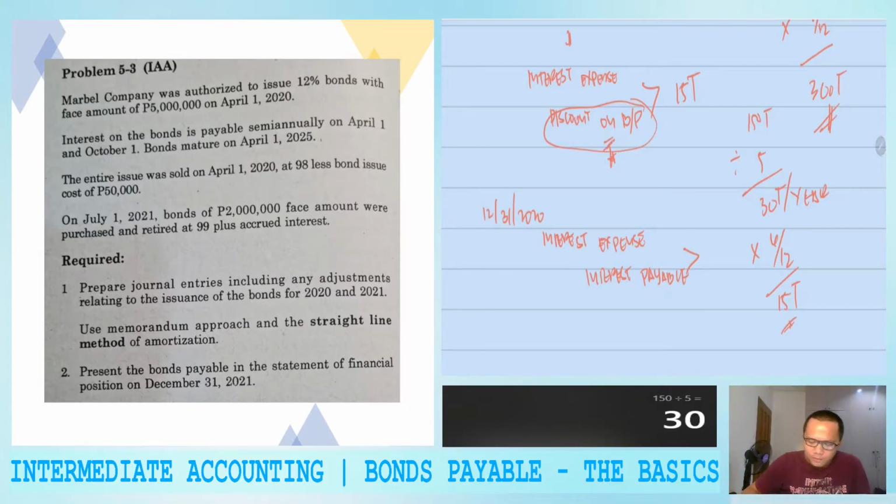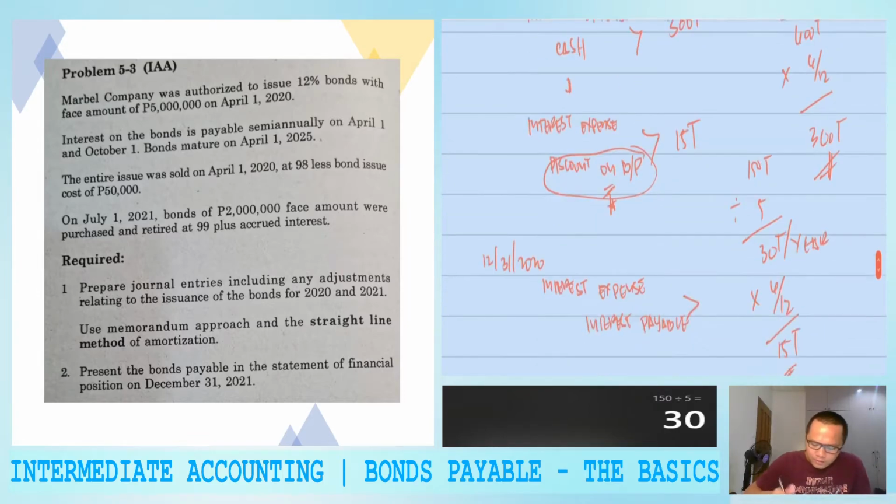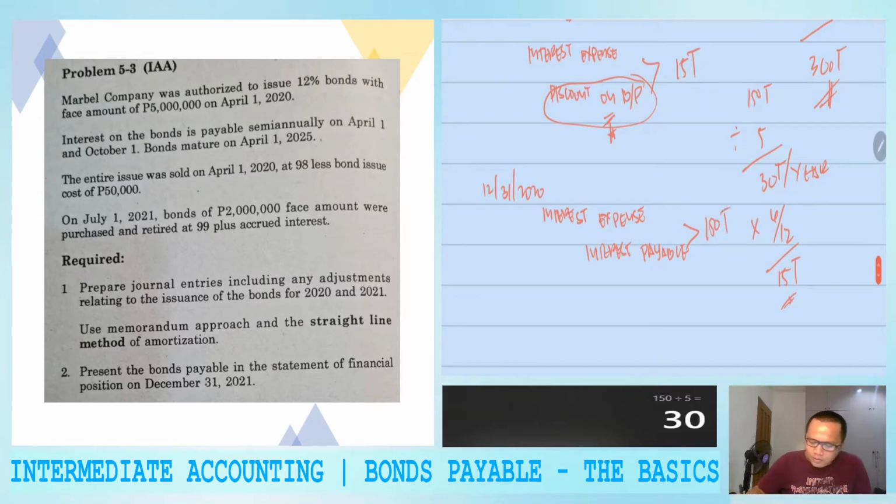So that is 150,000 obviously. So 300,000 divided by 2, because yun nga, 6 months itong 300,000 natin. So for 3 months, obviously, divide 2 lang para mas madali, di ba?